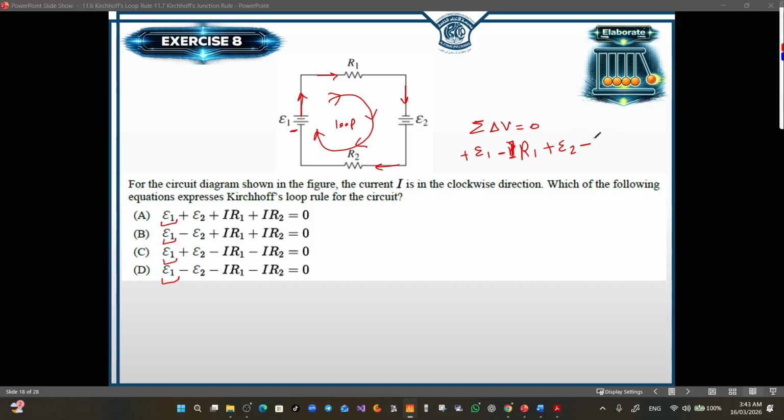So negative I R2 equals 0. Let's reorder the equation again: plus epsilon 2. So it should be both plus. So it's not B. It's not D. Now minus I R1 and minus I R2. And the correct answer is C.